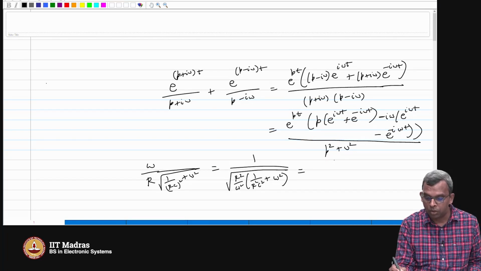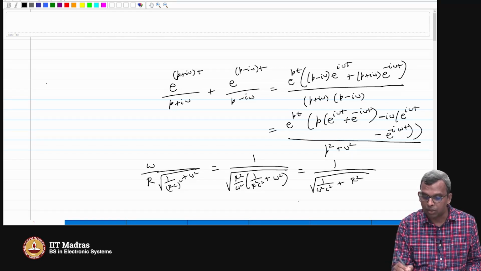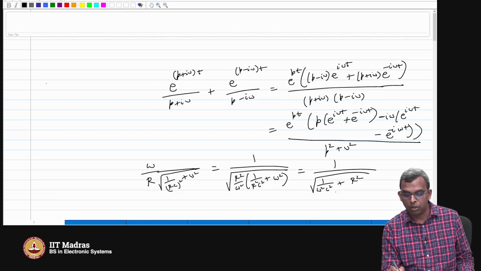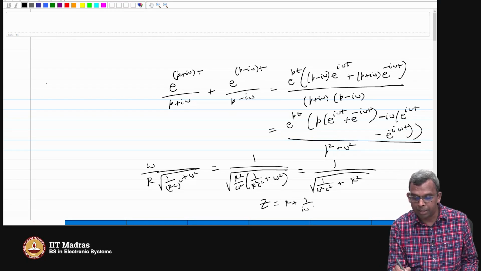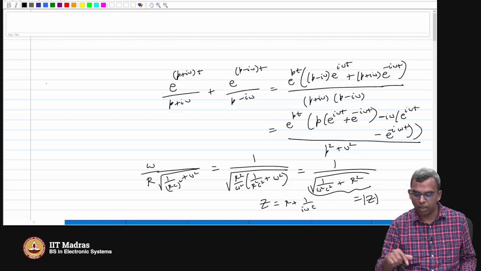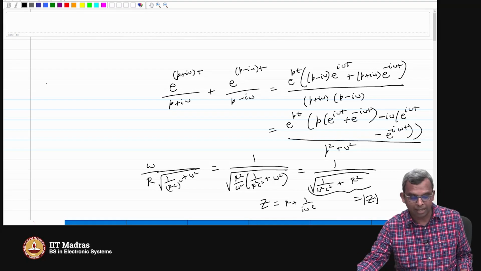Okay. So this whole thing will become 1 by square root of 1 by omega squared C squared plus R squared. So this, if you see, if Z is R plus 1 by i omega C, then this is just equal to the absolute value, the magnitude of Z, square root of R squared plus 1 by omega squared C squared. So this is a very nice simplification.